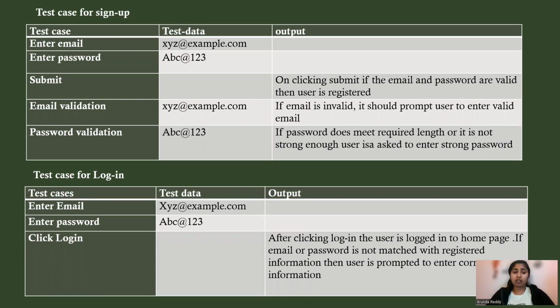For password validation, if the password doesn't meet the required length or is not strong enough, the user is asked to enter a strong password. So test cases for login: when we enter email and password, after clicking login, the user is logged into the home page. If the email or password does not match the registered information, then the user is prompted to enter correct information.